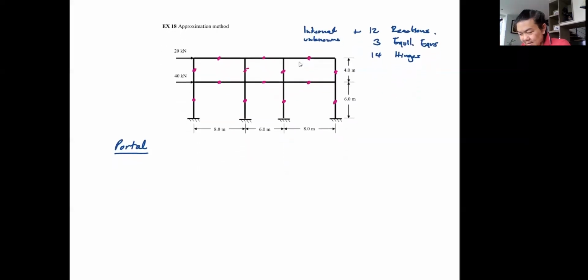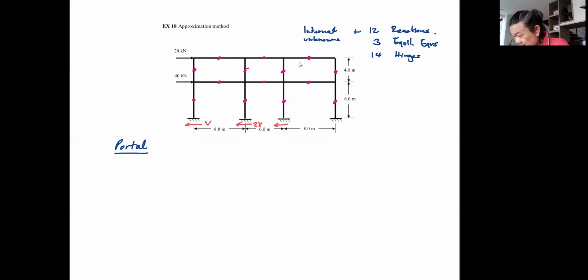the fact that the portal means that you now will have here the shear is going to be V. Here is going to be 2V.